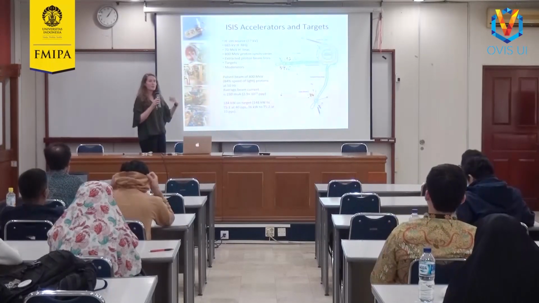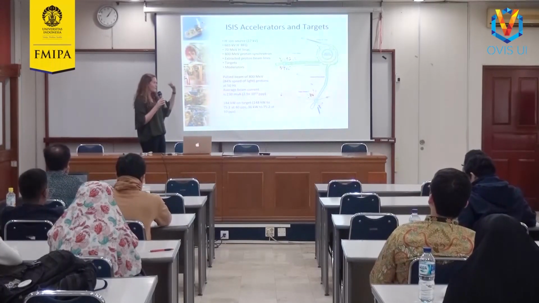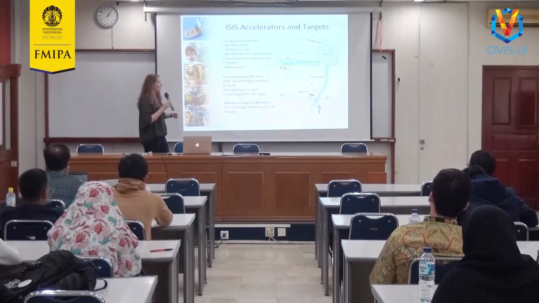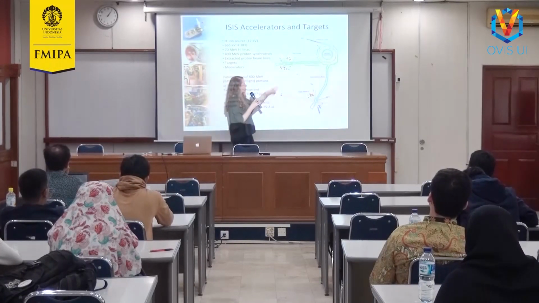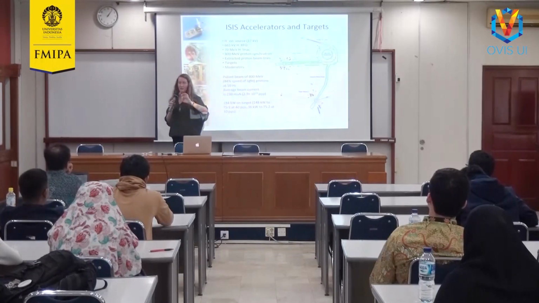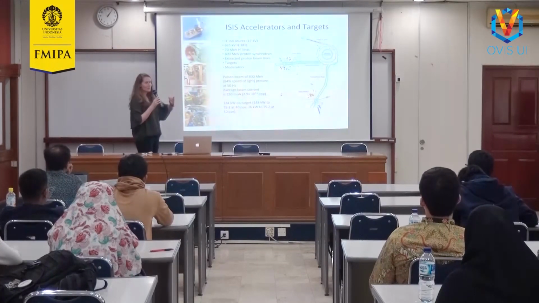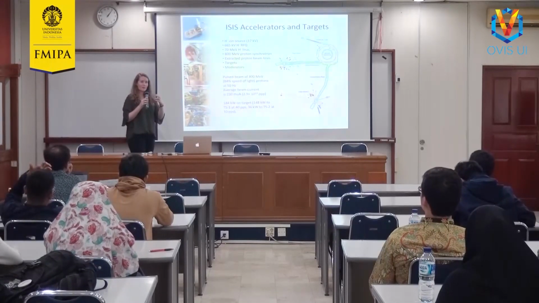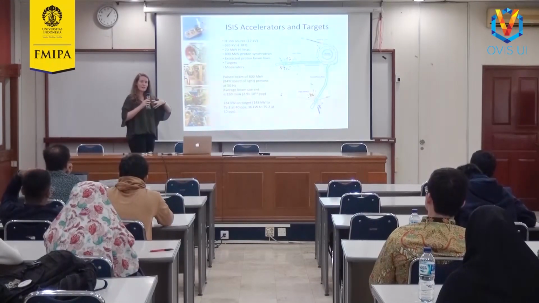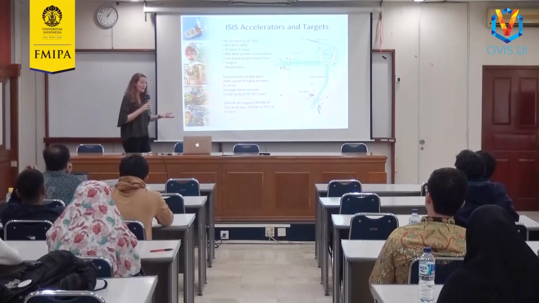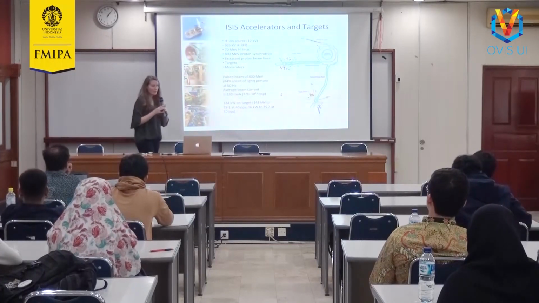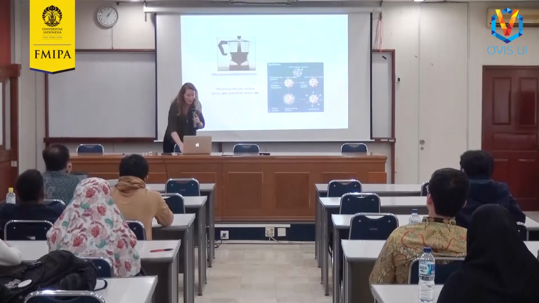And that happens 50 times a second, that the beam gets extracted from that machine at 800 MeV, and it's sent down one of two different beam lines where it hits a heavy metal target, and then that heavy metal target gets excited by this high energy proton and starts spitting out neutrons in all different directions. And then those neutrons are used to do all kinds of interesting science.